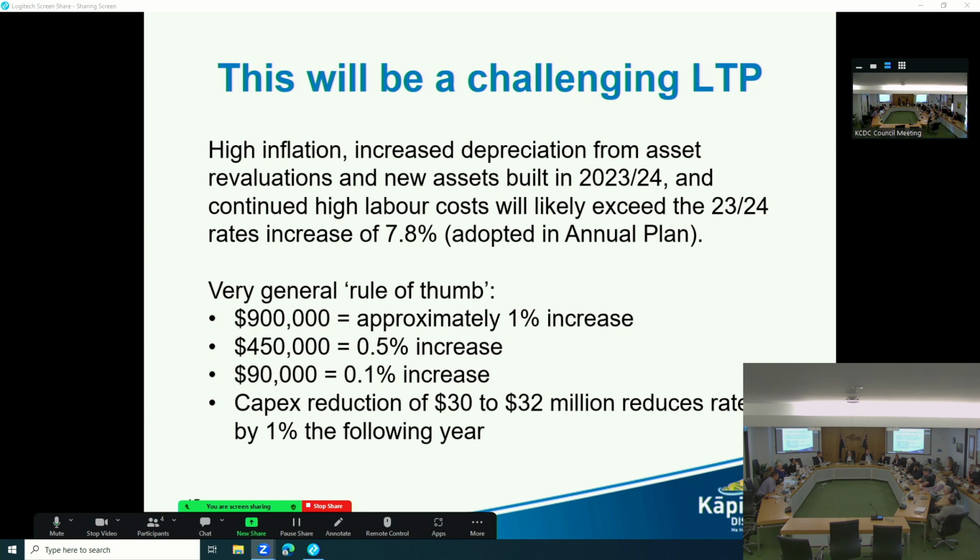Plan Change 2, which is going to make a monkey of all of this stuff anyway, is going to be nirvana for developers, and council needs to, in my opinion, make sure that developers are paying a premium for being here, and we really need to think about that. We need to think about those numbers.